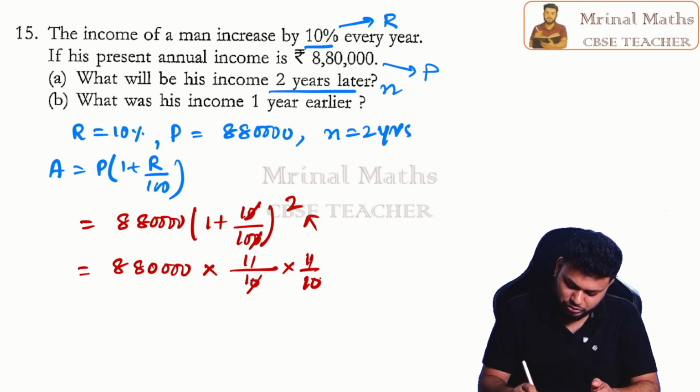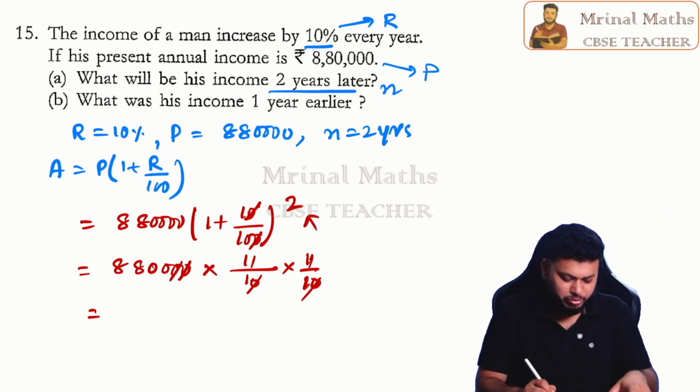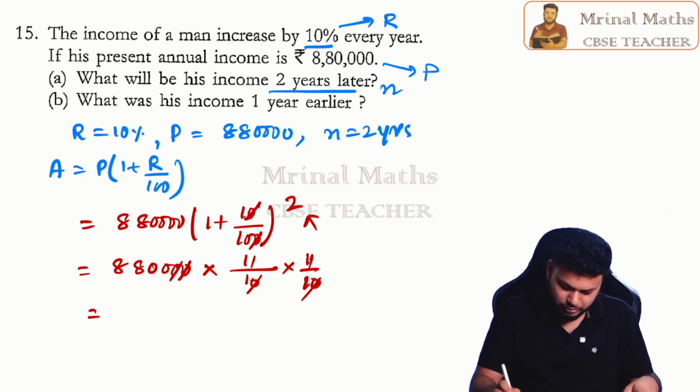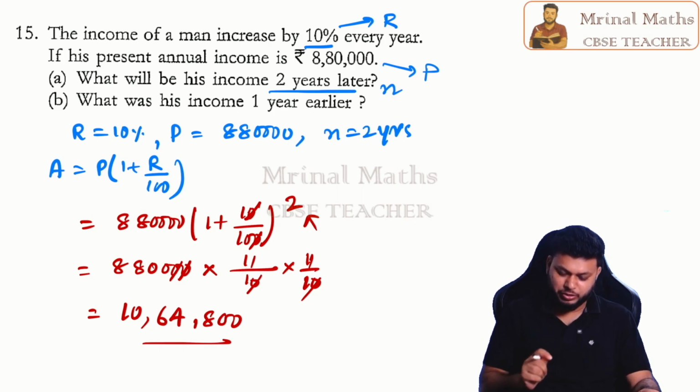So 0 0 cancel. If you multiply this, you should get 10,64,800 rupees. So that will be the annual income after 2 years.